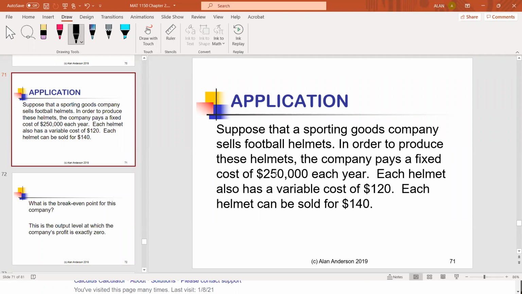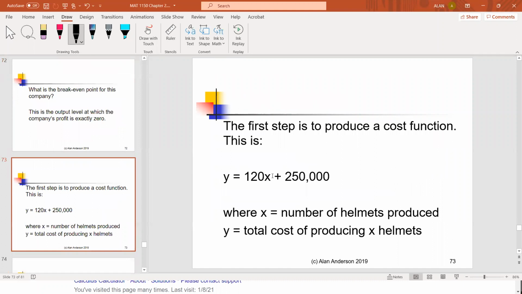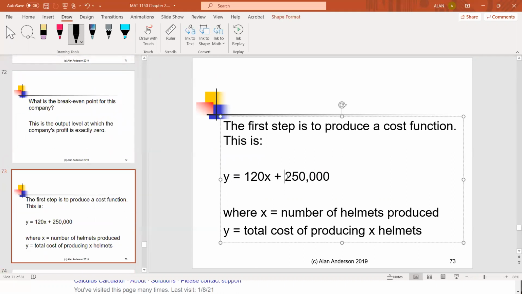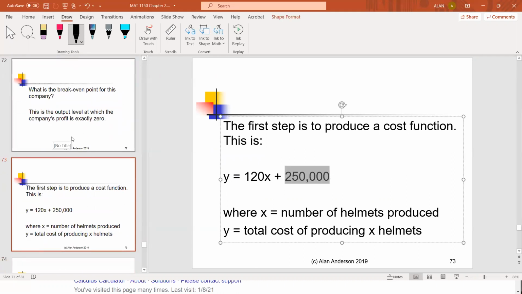So we're going to set up an equation for both. So the cost function, remember we talked about this earlier, the variable cost is $120 per unit. So that's 120x. The fixed cost is a constant, which is 250,000. Okay, that's the cost function. Now, what about the revenues?